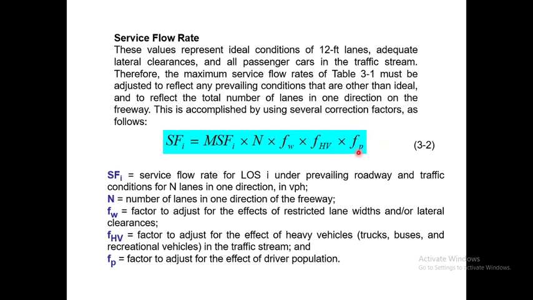Population means that, for example, during the weekday, in the peak hour, we are usually facing commuters, isn't it? Like in the morning peak hour, we have uniform traffic, most of them daily commuters heading to their office, to their jobs.